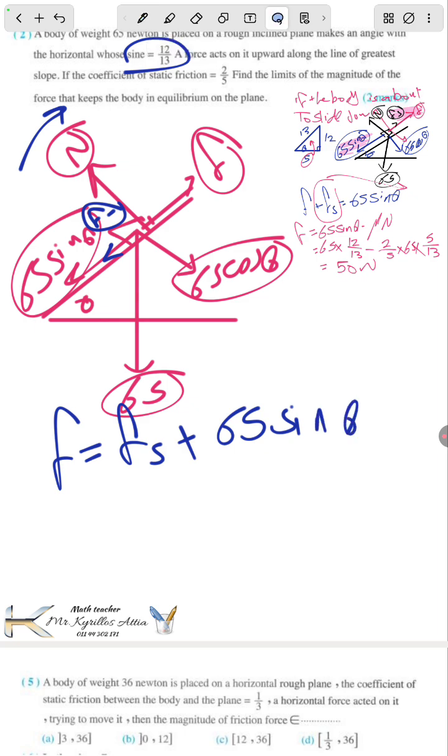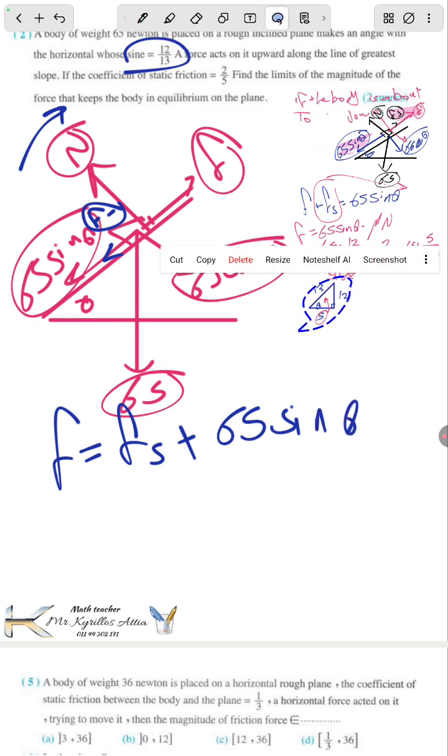I have theta also, sin theta equals 12 over 13 from this triangle.